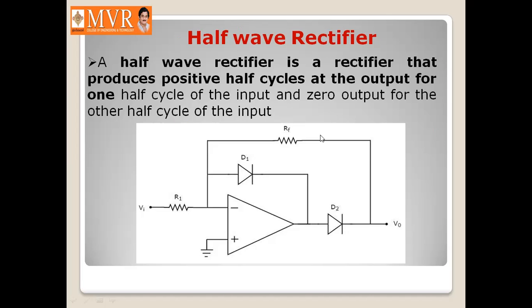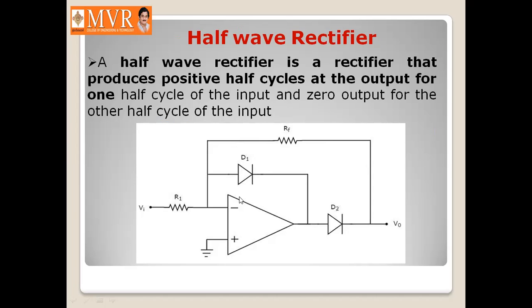So now we are going to implement this half-wave rectifier using our operational amplifier. This is the circuit for implementing the half-wave rectifier using an operational amplifier.